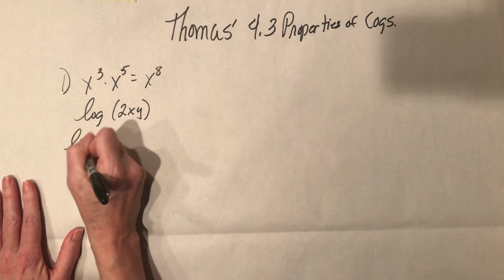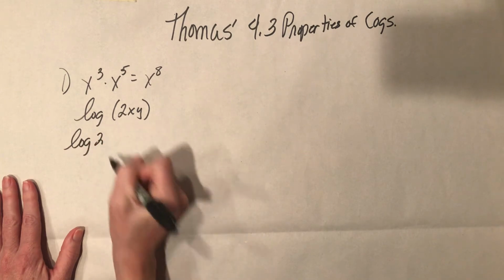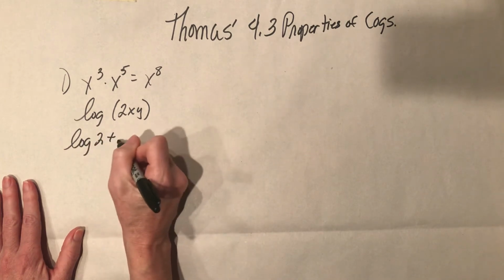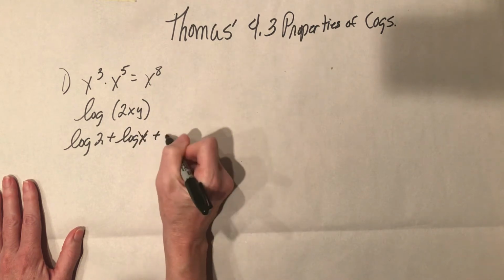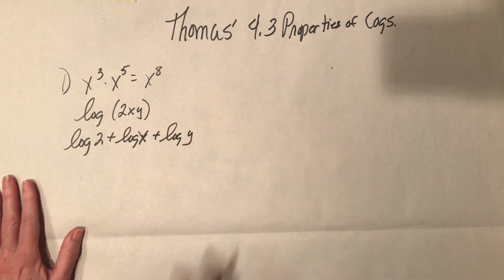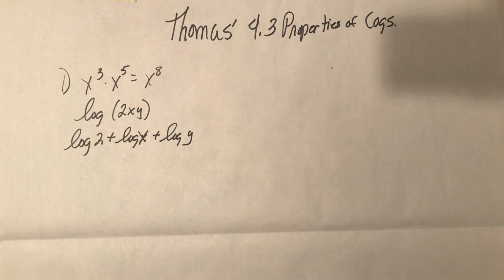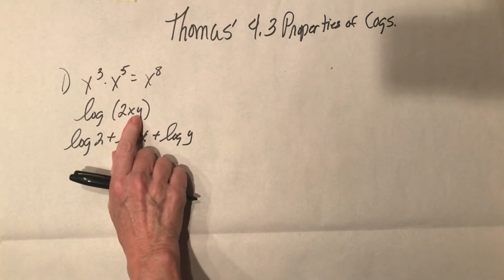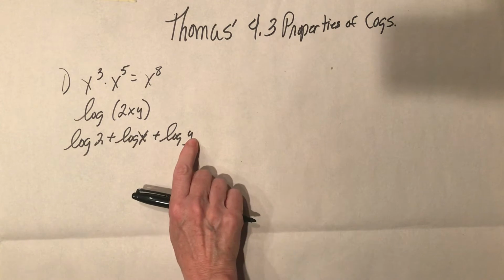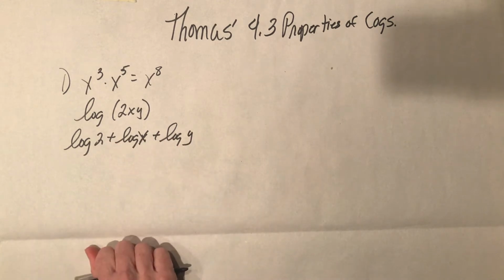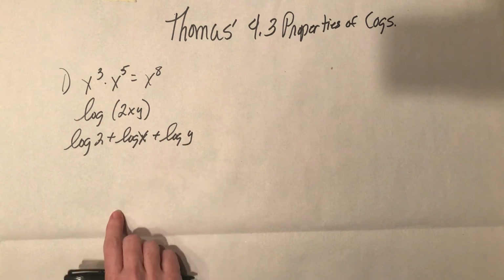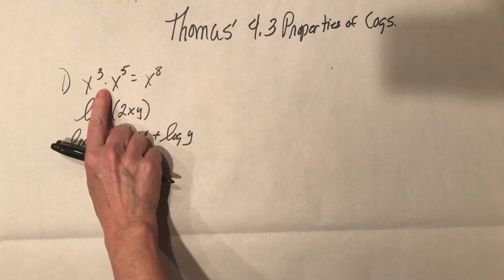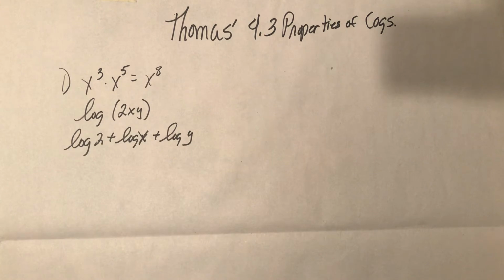So this is going to give us the common log of 2 plus the common log of x plus the common log of y. We're going to take each of these in this product, separate them out and add them together. So when it indicates that you're supposed to be multiplying, we're going to be adding. Just like here, when it indicates multiplying, we're adding them together.